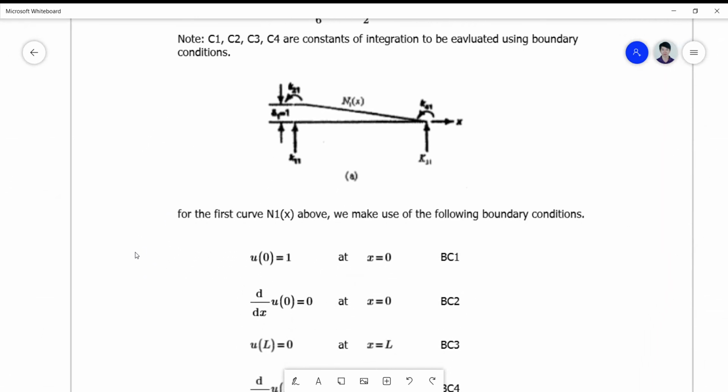Okay, so for the first curve n1x above, we make use of the following boundary conditions.